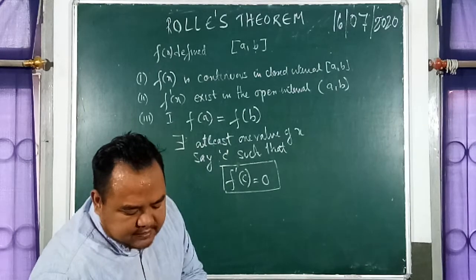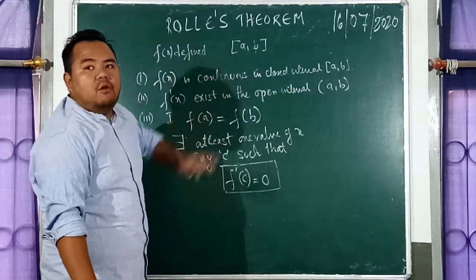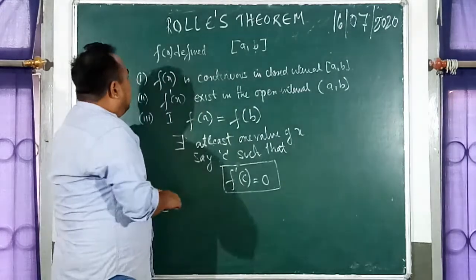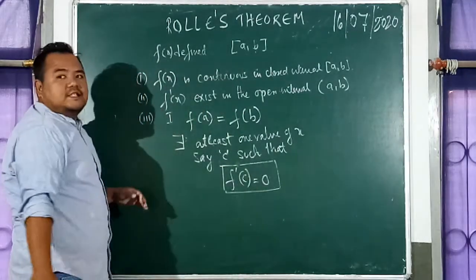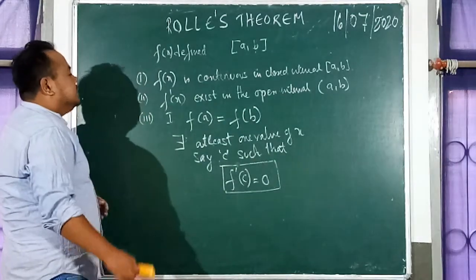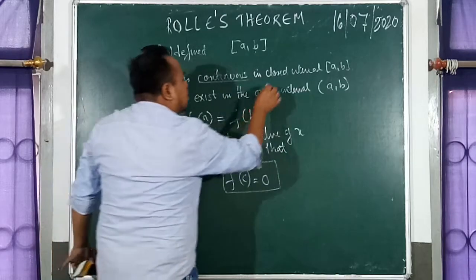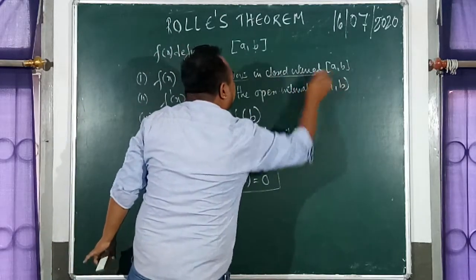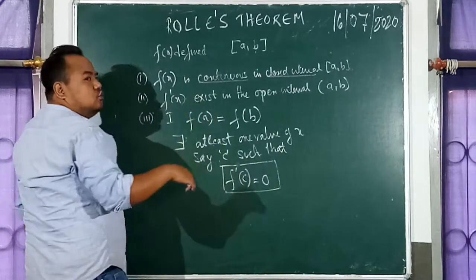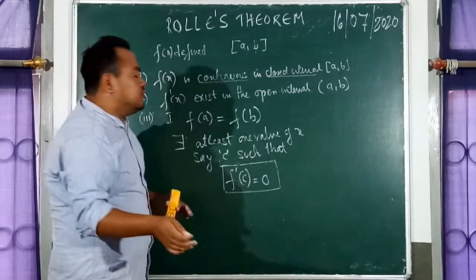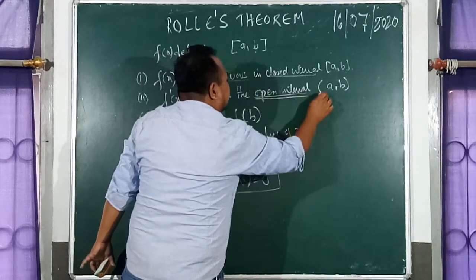As you can see, a function will be given defined in an interval a comma b. You have to show that the function satisfies these three criteria. Number one, it is continuous in the closed interval, square bracket a comma b. Number two, f dash x exists, that means you must be able to differentiate the function in the open interval, open bracket a comma b.